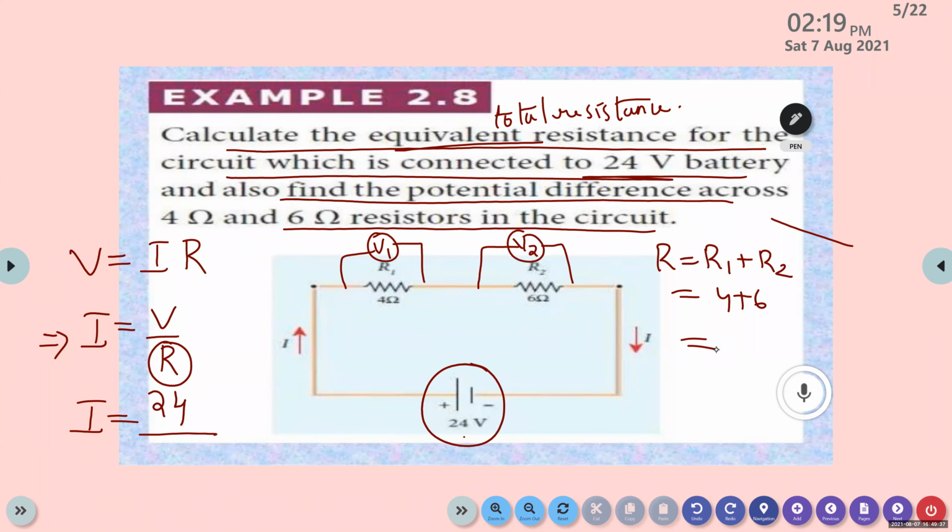Okay, I think there are some connectivity issues. Yes, it is 10 ohm. So here 24 divided by 10. So what is the value of current? 24 by 10 is equal to, Angelo.